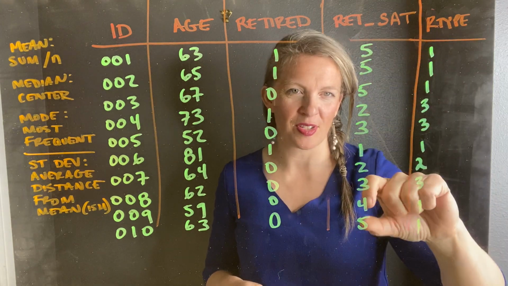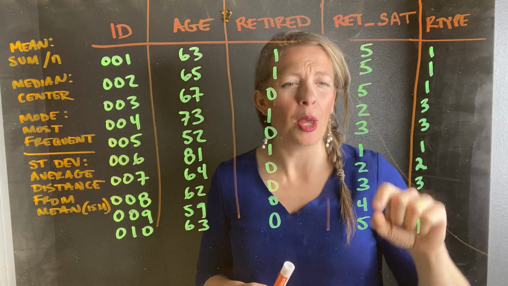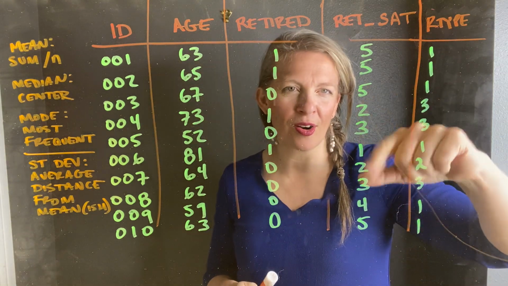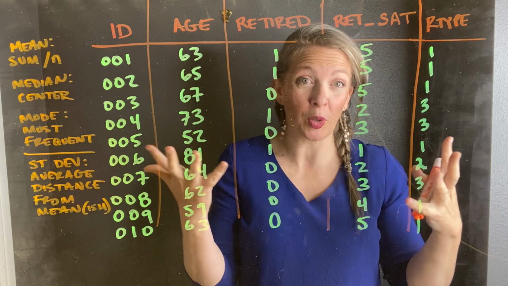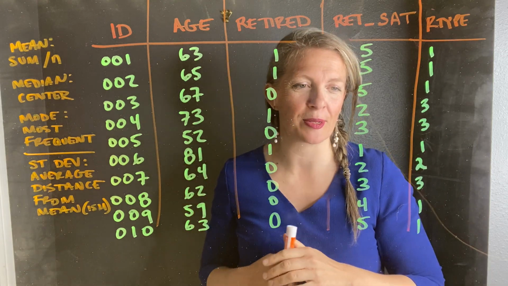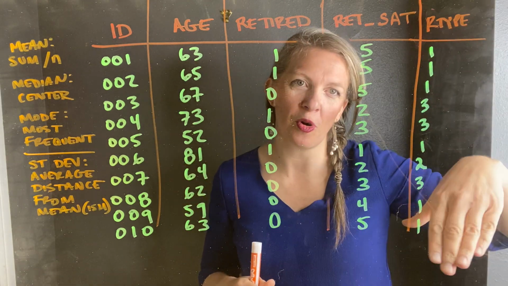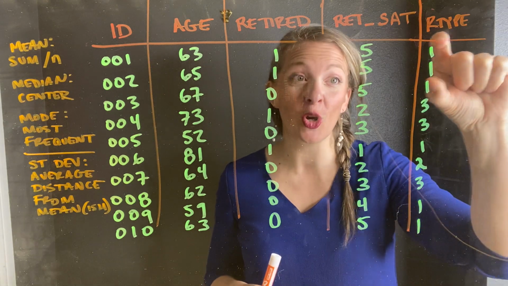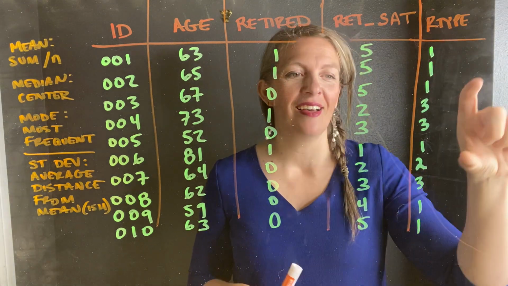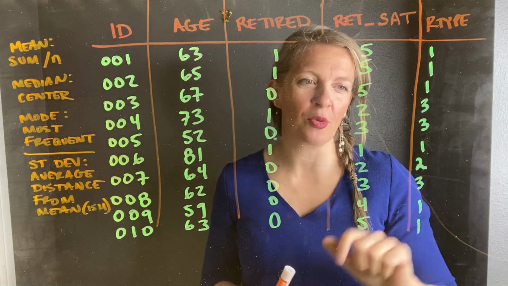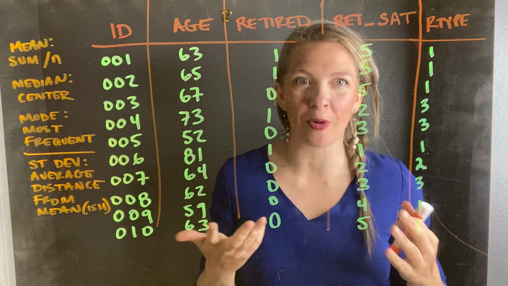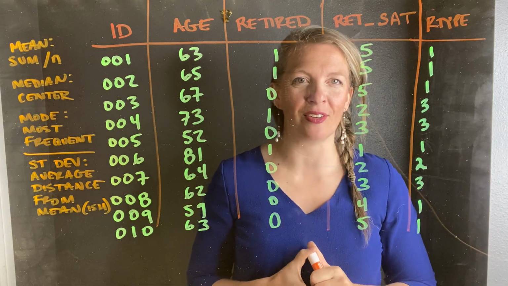There are a lot of 5s here, which is the highest level on our scale. But we can also see that there is some variation, that there are some people who weren't as satisfied with their retirement packages. We can also see that the majority of the folks in our data set chose retirement package 1. Several people chose retirement package 3, and retirement package 2 was rare. Only one person identified that.